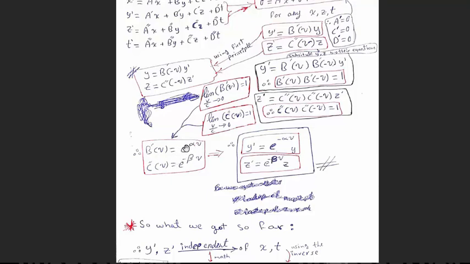You can try it: e to the minus alpha v multiplied by e to the alpha v leads to 1, and when we take the limit as v goes to 0, it also equals 1.